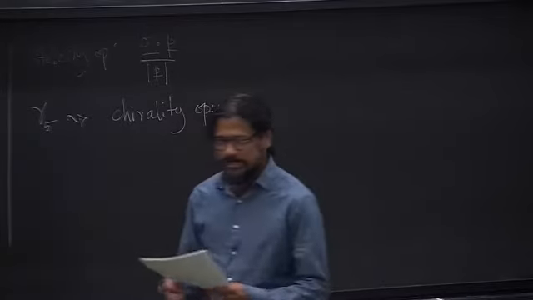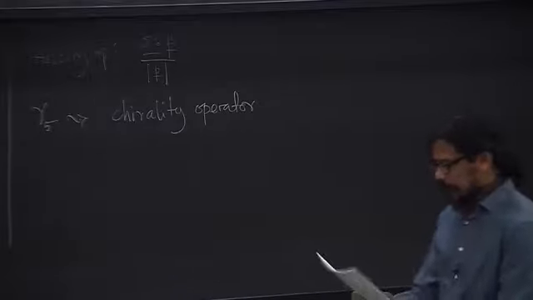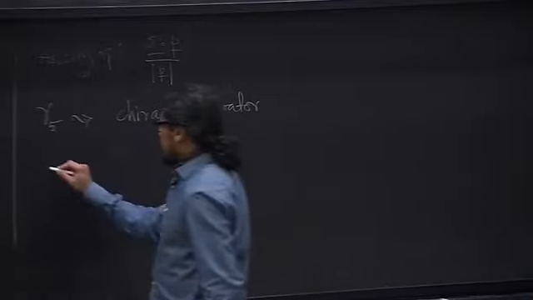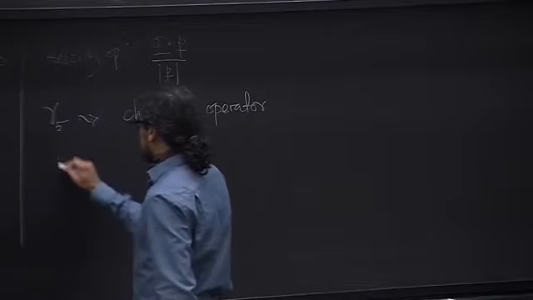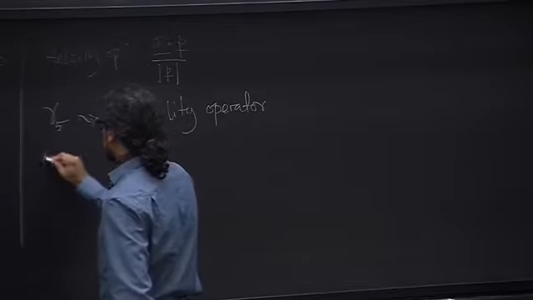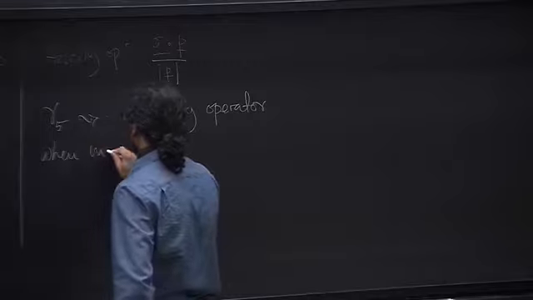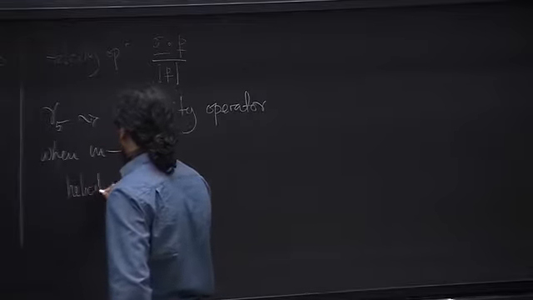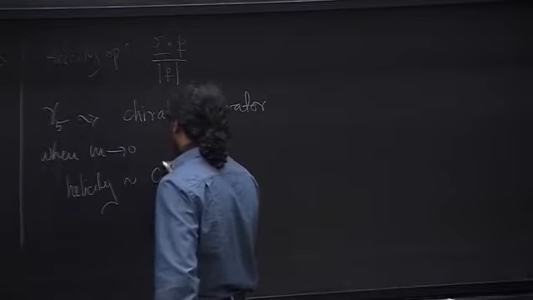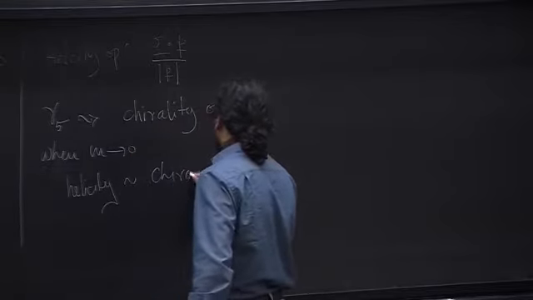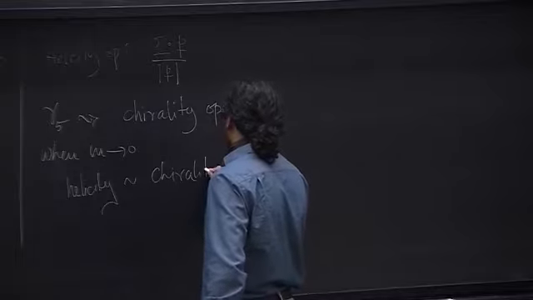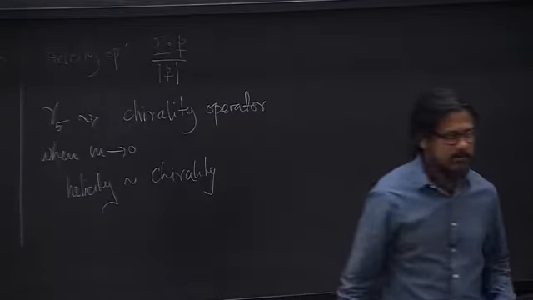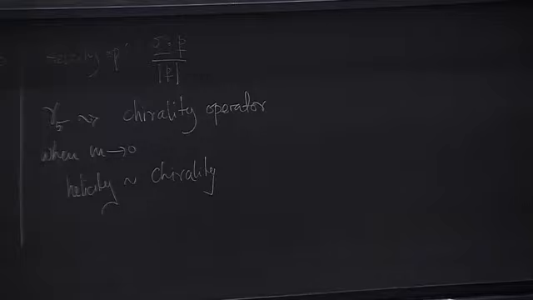Why all this song and dance about helicity and chirality? When m goes to 0, helicity and chirality eigenstates are the same. I guess chirality is a Latin or Italian word for handedness.